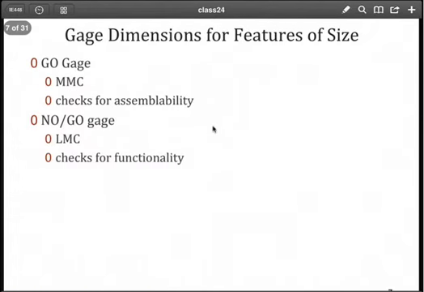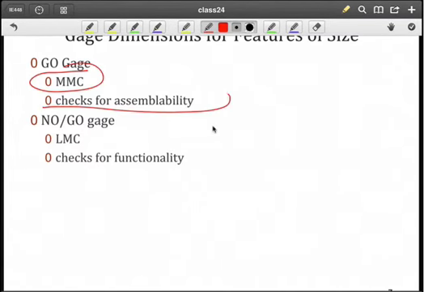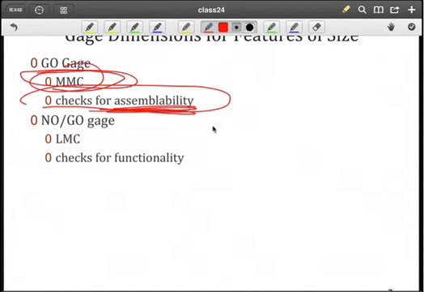So if I'm checking a feature of size, I'm going to create my go gauge, as we said, from the MMC dimension. And when I do that, essentially what you're checking for is whether or not this feature will assemble to another feature. So we're checking for assemblability. If the design was a valid design, then at MMC, the part is guaranteed to assemble.